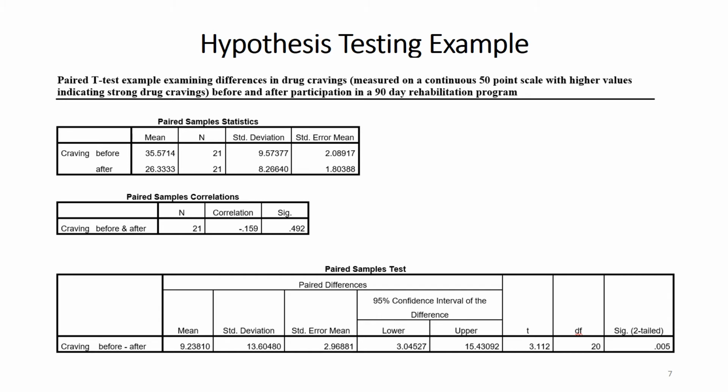Finally, down at the very bottom box, we see the paired samples test box. This is where all of our action happens. This is where we're actually going to get our observed t statistic, as well as the p-value, the confidence interval, and find out whether or not we can reject or fail to reject the null hypothesis. The nice thing about a paired t-test is you'll notice there's only one row of data.